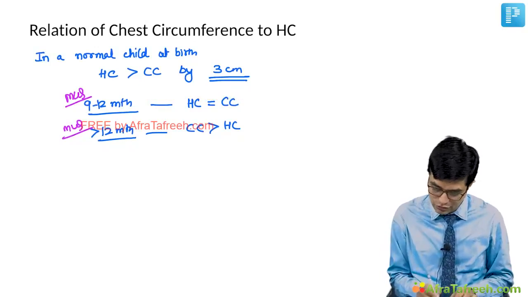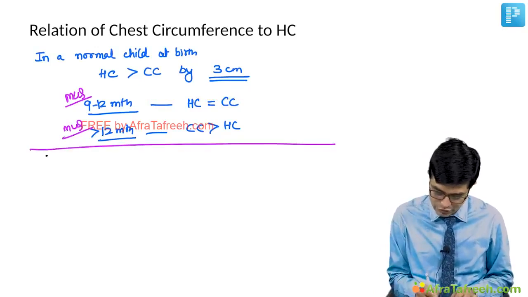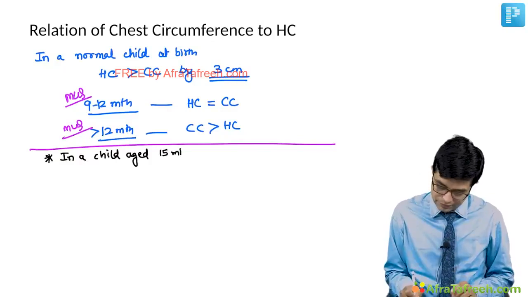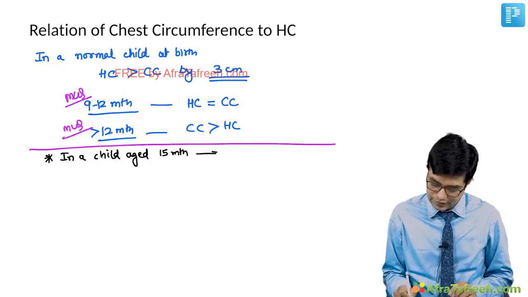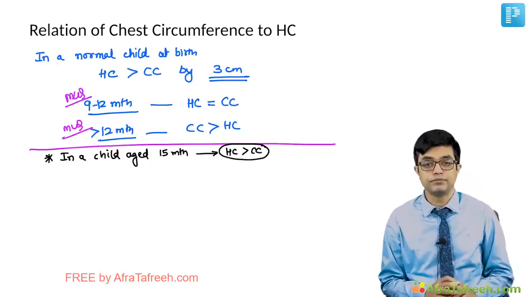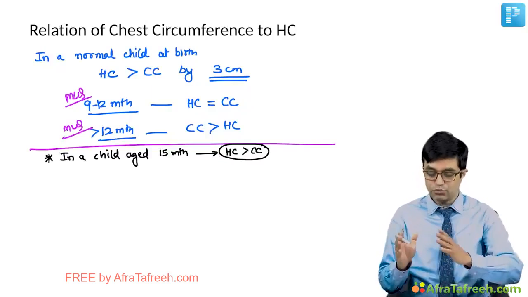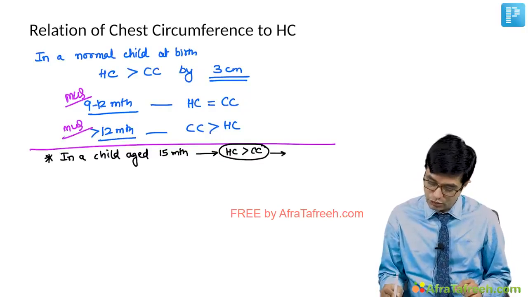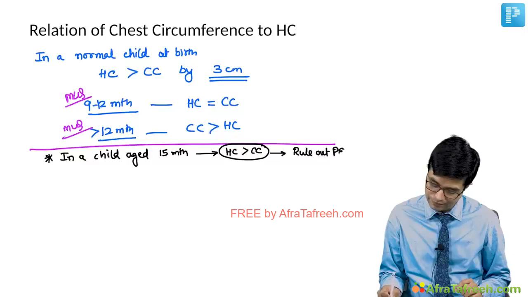Now potential MCQs can be asked on this. What MCQs can be asked? In a child aged 15 months, the head circumference is still greater than chest circumference. What is your interpretation? If the head circumference is more than chest circumference in a more than 1 year old child, one possibility is protein energy malnutrition.